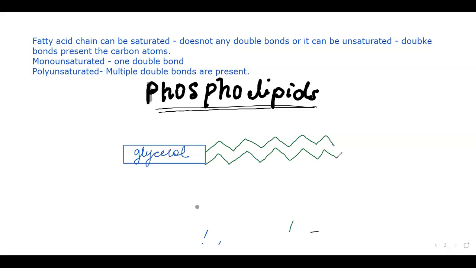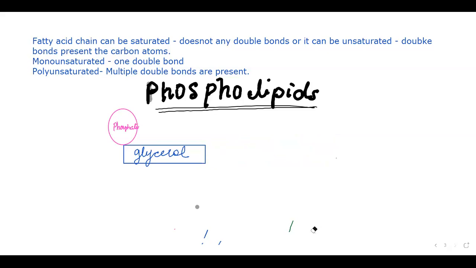Phospholipids only have two. Now, they have one additional component that we do not see with triglycerides, and that is a phosphate group. So they have a special group of phosphate, right? We have a phosphate group which is attached to your glycerol molecule. The glycerol molecule has three alcohol groups, like three OH groups.